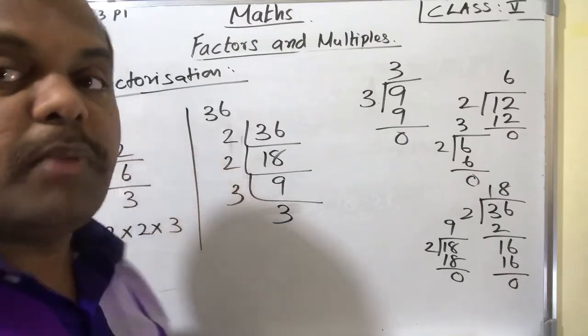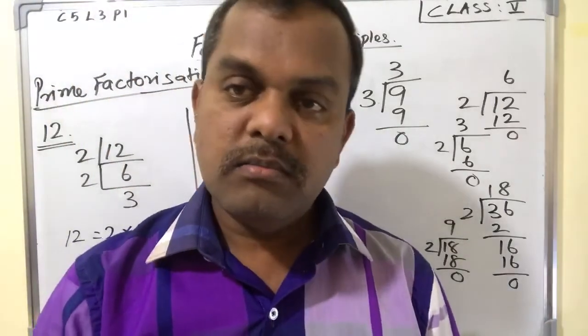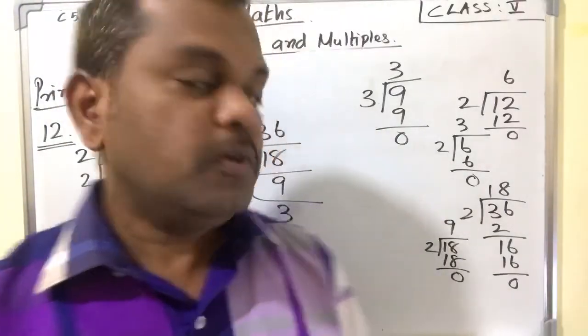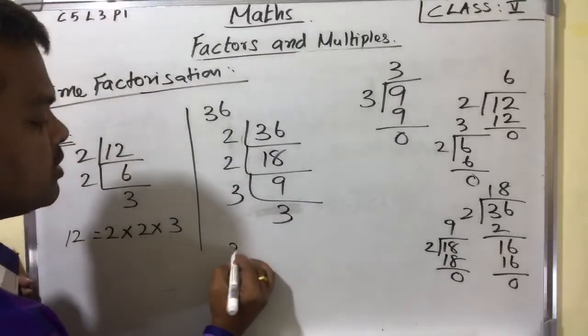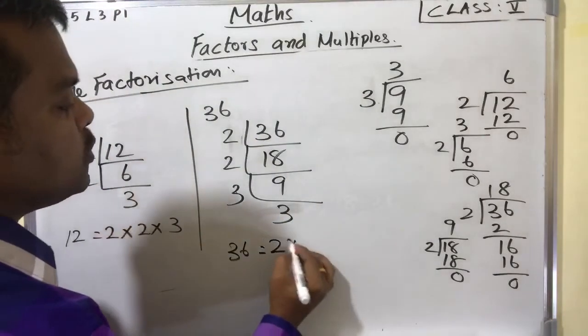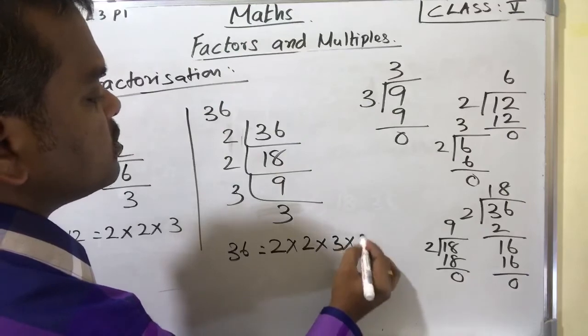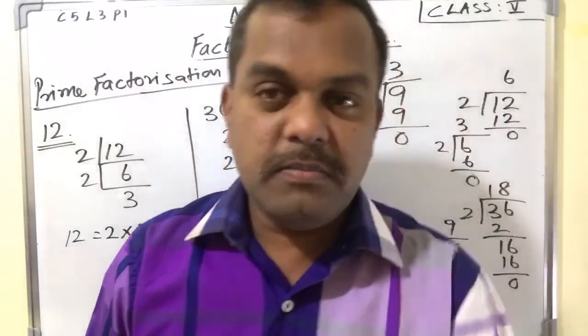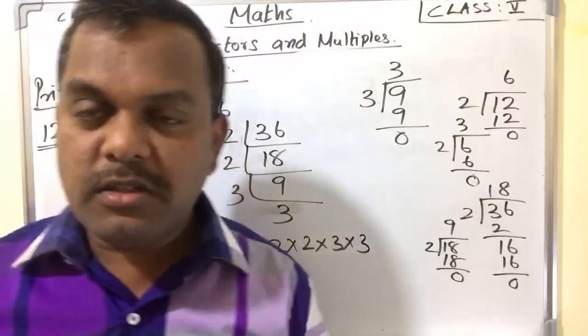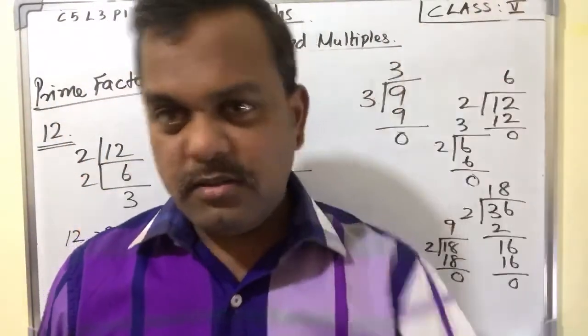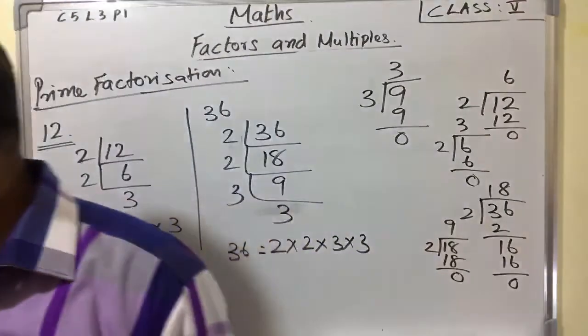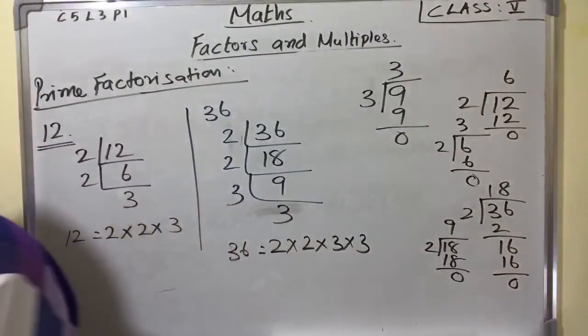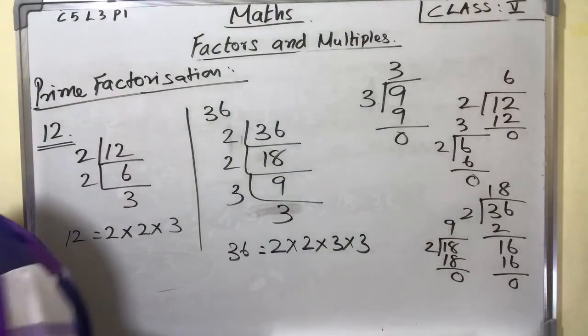Whenever you get a prime number as a remainder, stop the factorization. So 36 is equal to 2 into 2 into 3 into 3. This is called prime factorization. Understood?